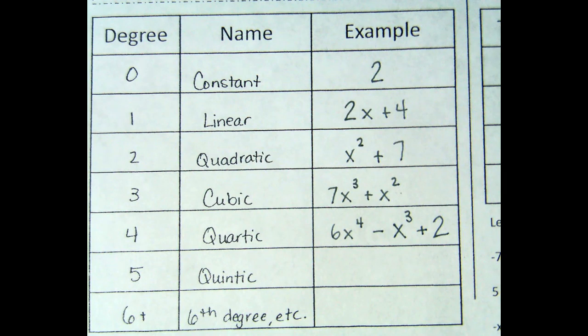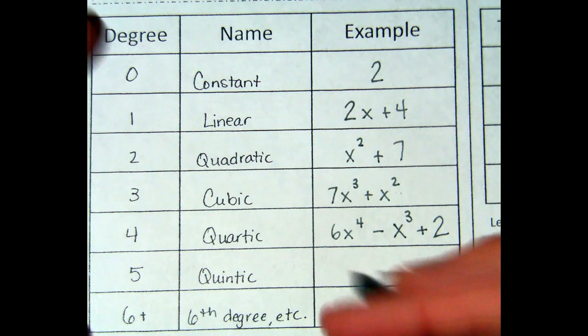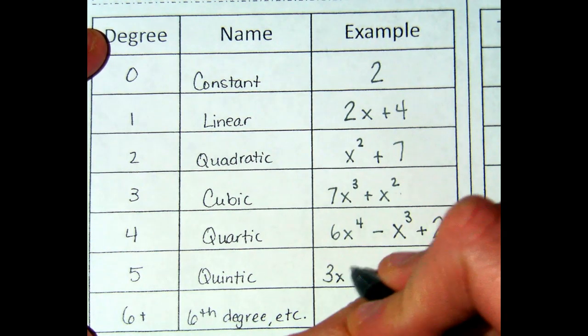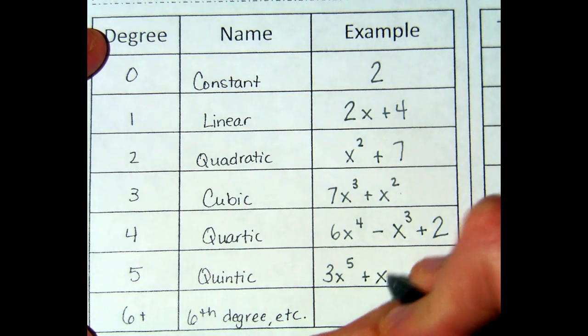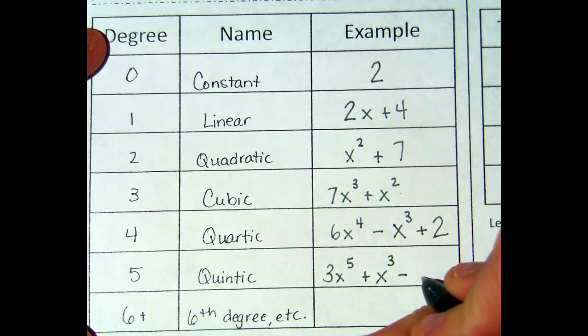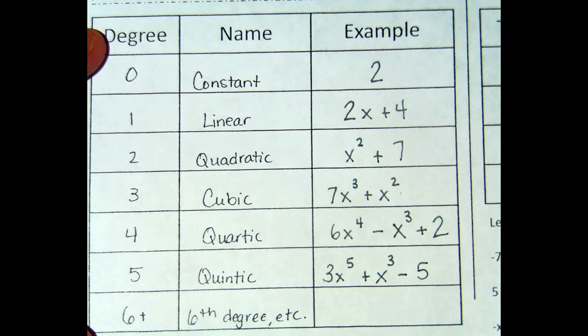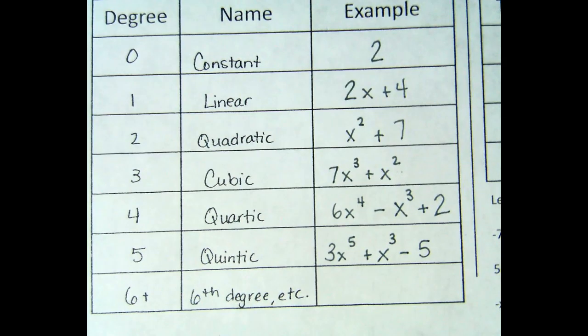Okay. Quintic. Exponent of 5. Anything bigger than 5, so 6, 7, 8, 9, 10, 11, 12, 47, whatever, is just called that degree.